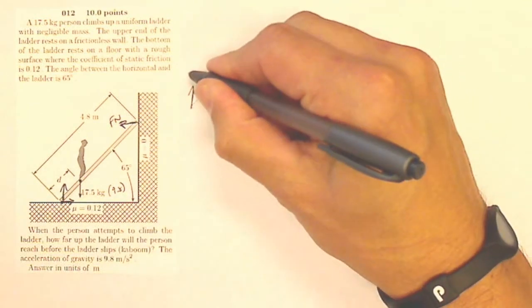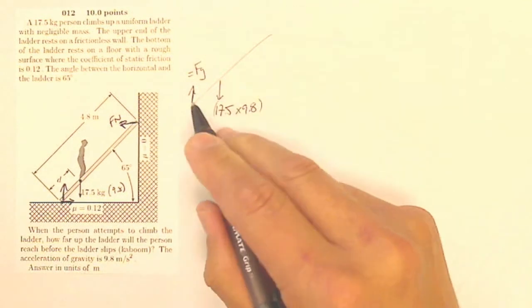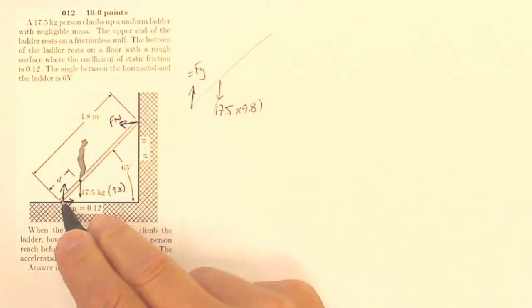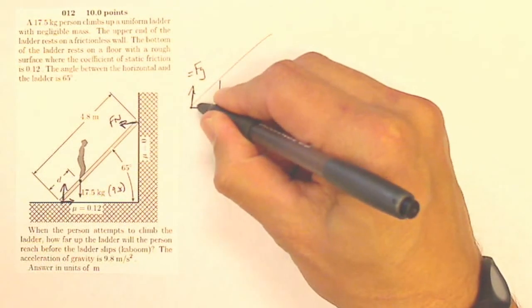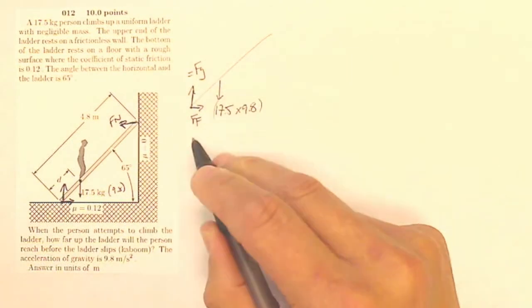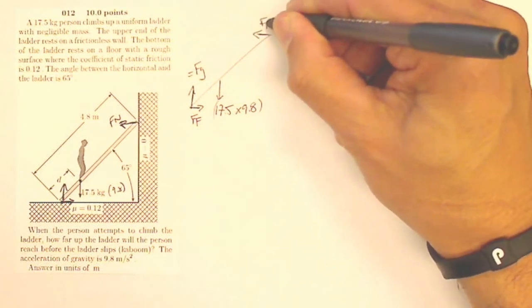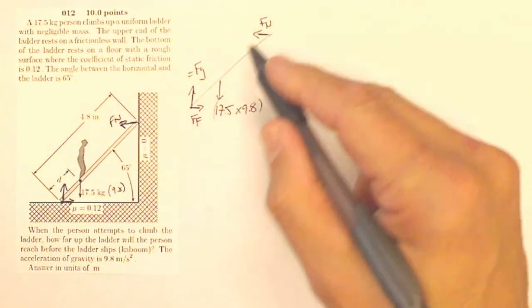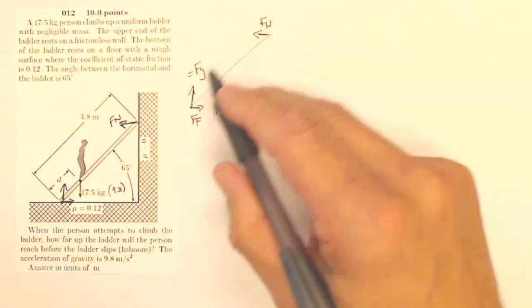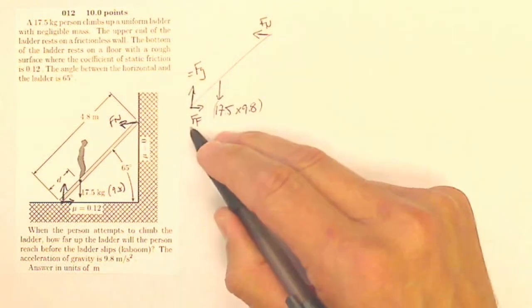So I know this is also going to equal the force of gravity on the person. This frictional force to the right, I'm not sure what it is, and this normal force, I'm not sure what it is. But I know that this normal force and this frictional force have to be the same because left equals right. So up equals down, left equals right.